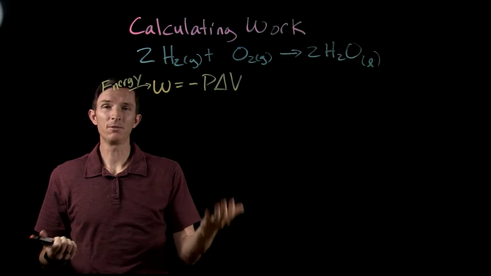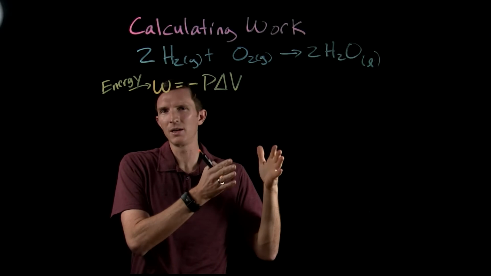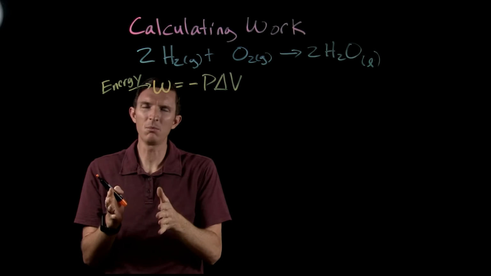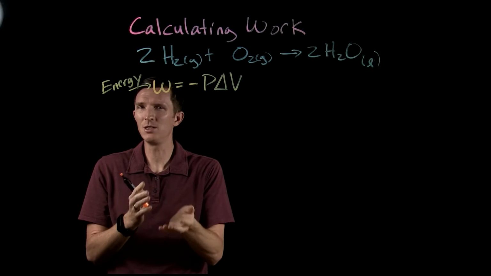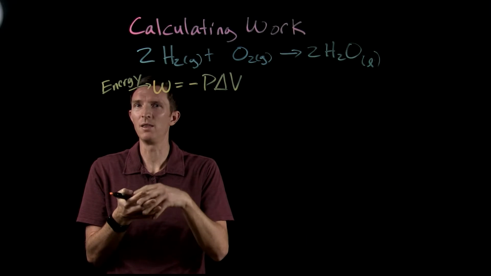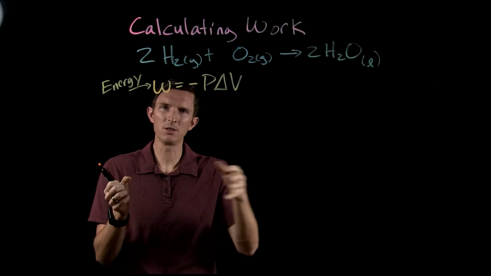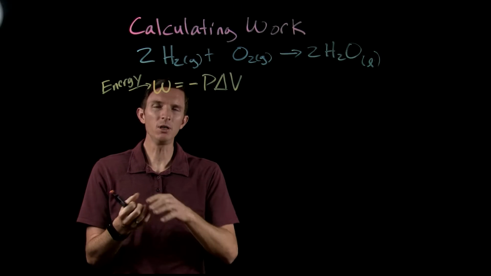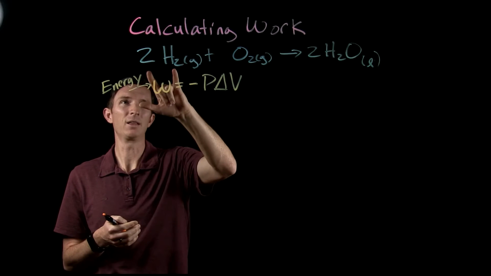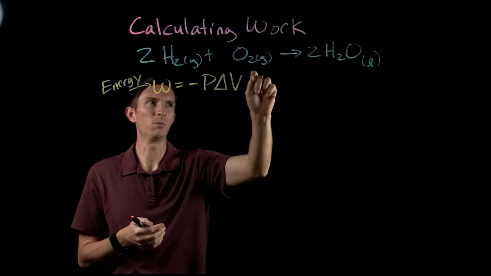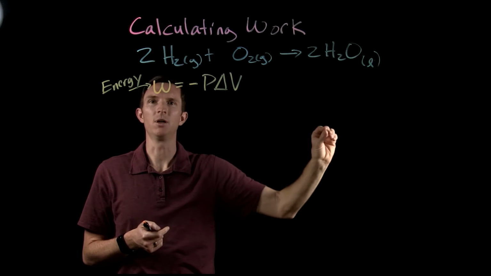If we're thinking about the different physical states we can have, solid, liquid, or gas: if we take 1 mole of solid and produce maybe 2 moles of solid, that's not going to really change the volume that much. Or if we think about liquids reacting, the volume's not going to expand or contract very much if we go from 2 moles of a liquid to 1 mole of a liquid to 2 moles of a liquid. It's not going to change that much.